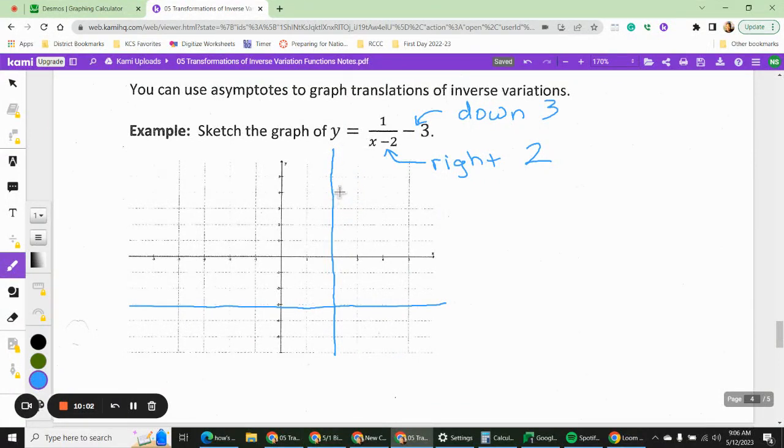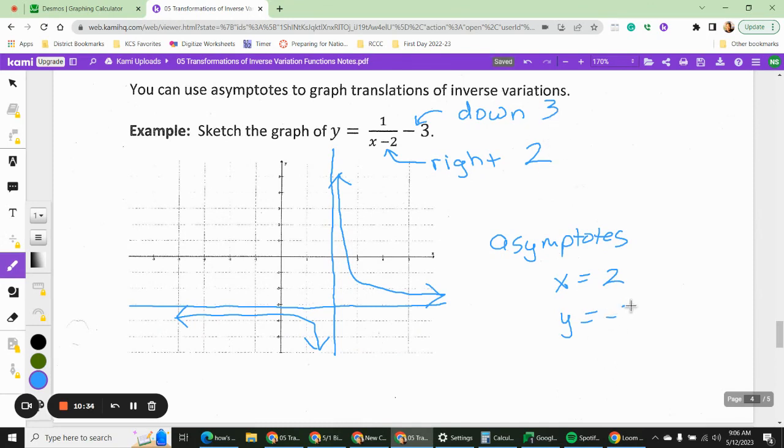Now, to graph it, I know that this graph should be in the first quadrant and the third quadrant. I'm just drawing a basic idea of what that graph looks like. And there it is. In this case, we say that the asymptotes are at x equals 2, so that's how far the graph moved, and also at y equals -3.